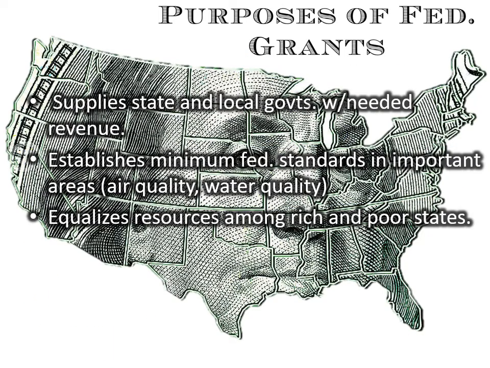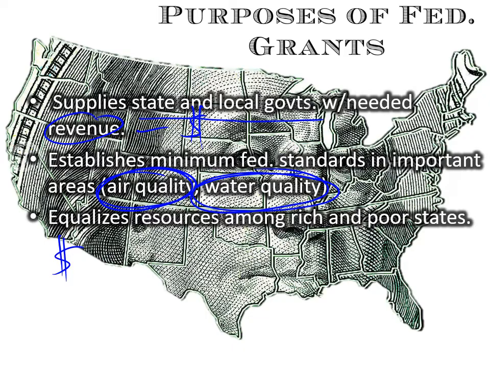So what do these grants do? These grants supply state and local governments with much needed revenue. Revenue means cash. And it establishes minimum federal standards in important areas like, hey California, you want money from us? Well, you better have this standard of air quality, or this standard of water quality, or institute Common Core, or pass Obamacare, or don't let kids drink if they're under 21.